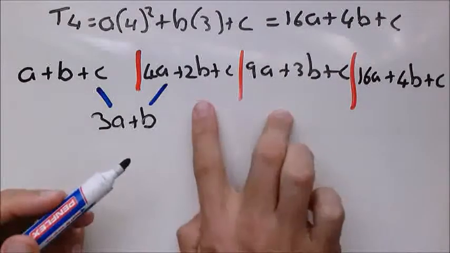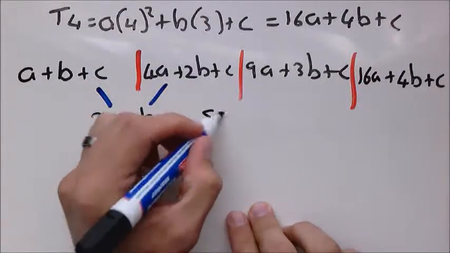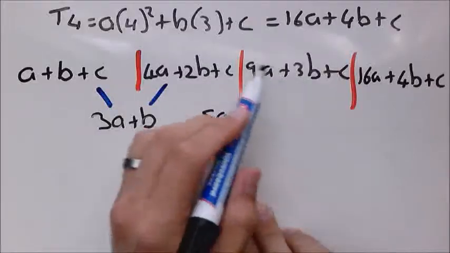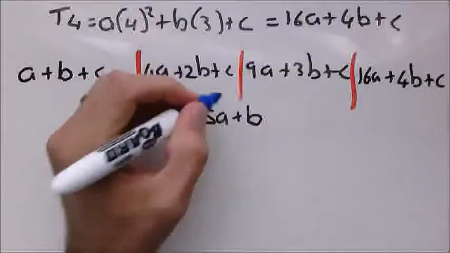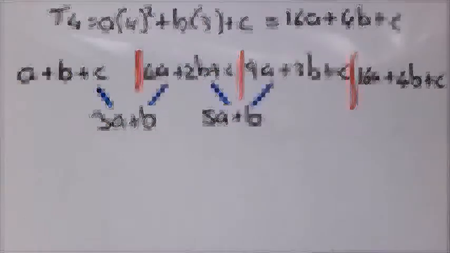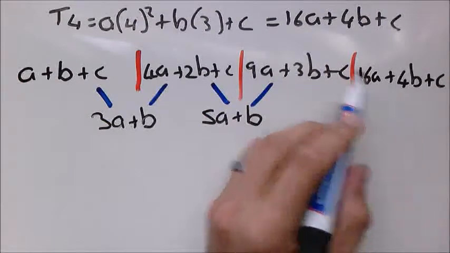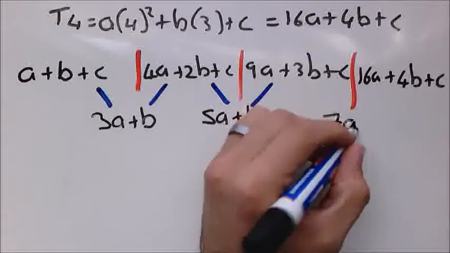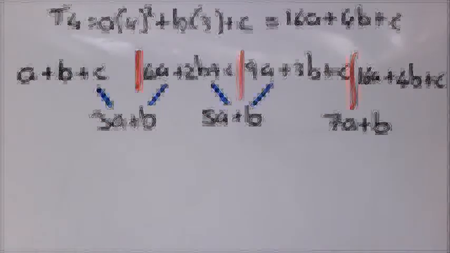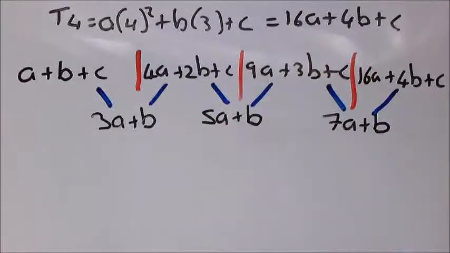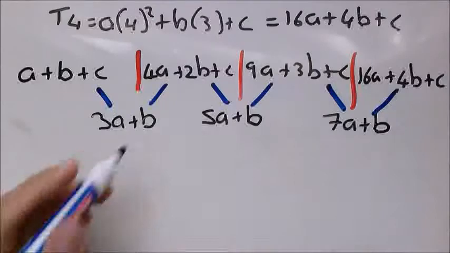Between term 3 and term 2: 9a minus 4a is 5a, 3b minus 2b is b, and c minus c is 0. 16a minus 9a is 7a, 4b minus 3b is b, and c minus c is 0. So this row is the first difference.